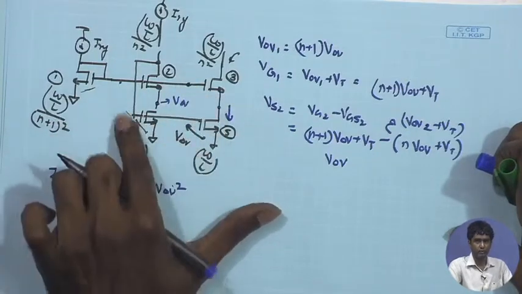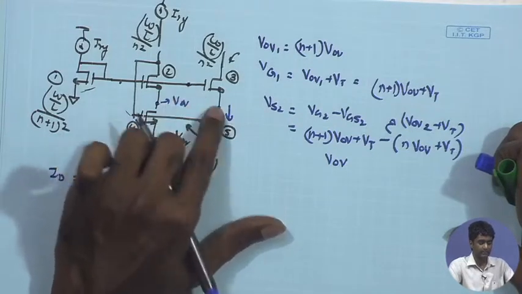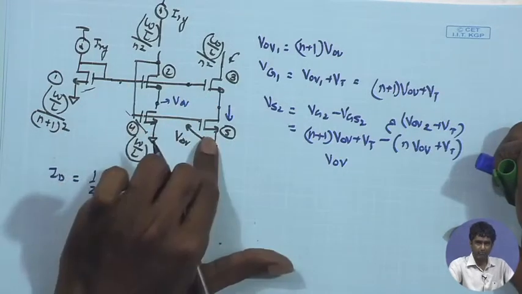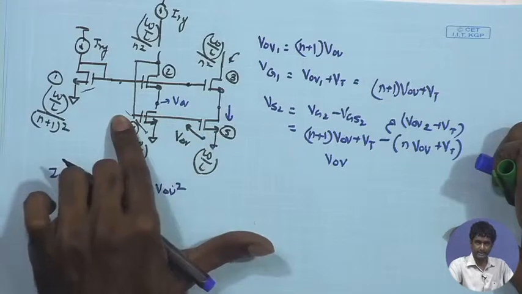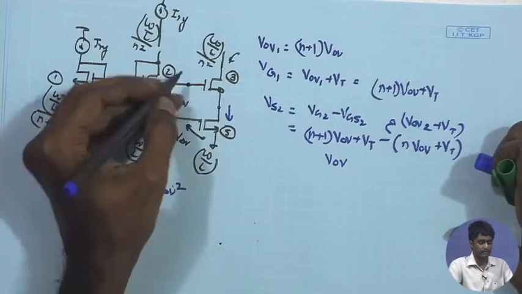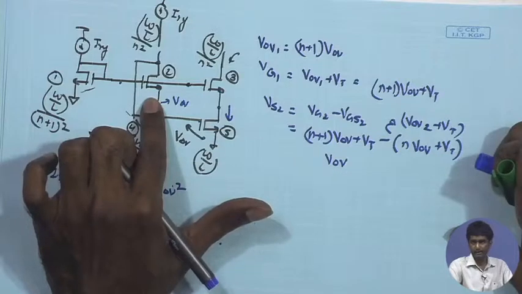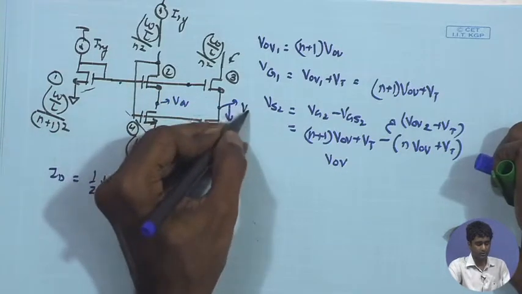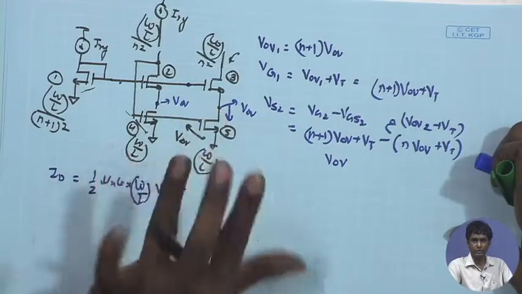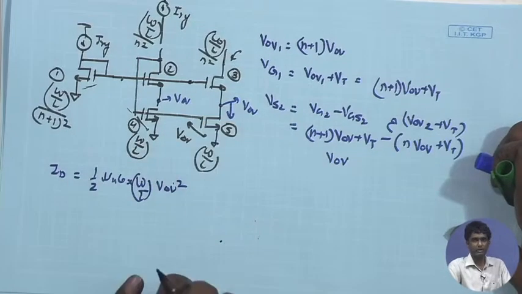M5 is forced to carry the same current as M4, and that will enforce the same VGS for M3 as M2, because their gate potentials are the same. As a result, the VGS of M3 copies the VGS of M2. Therefore, this potential is also going to be V overdrive. That is what we wanted. We wanted the DC potential at this point to be close to the minimum potential, which is basically V overdrive. So, that is achieved in this scheme.